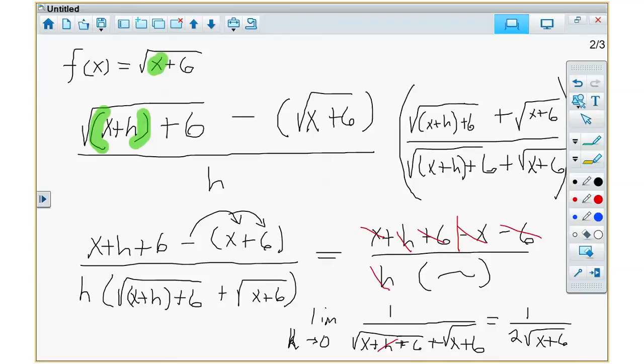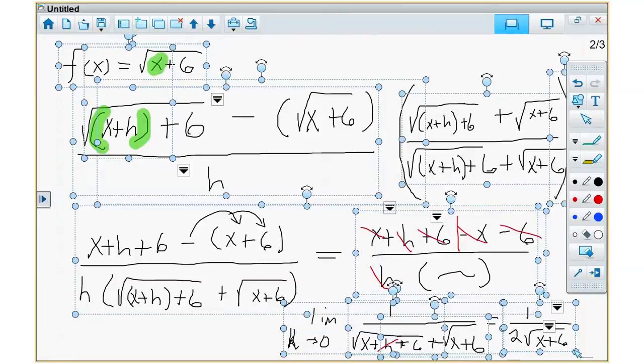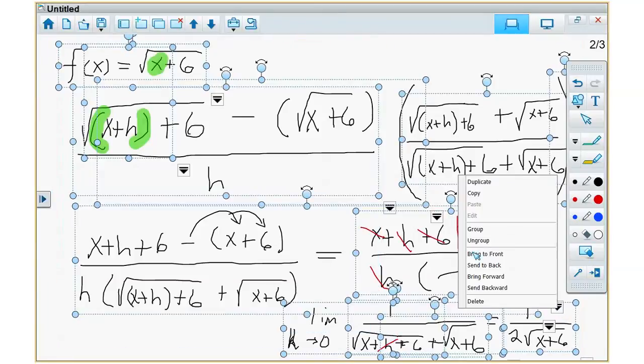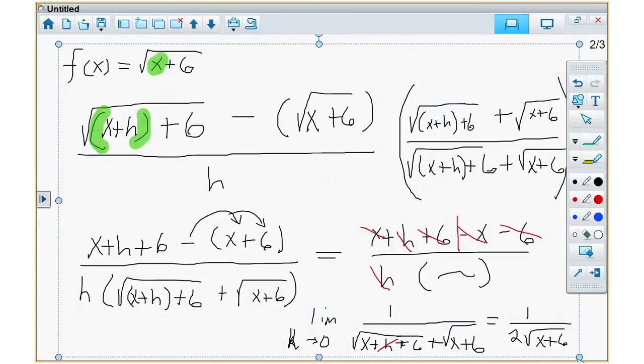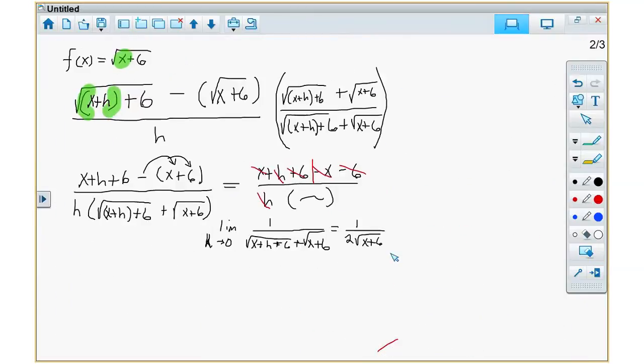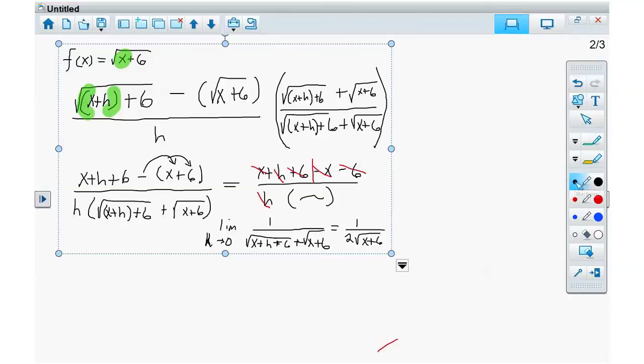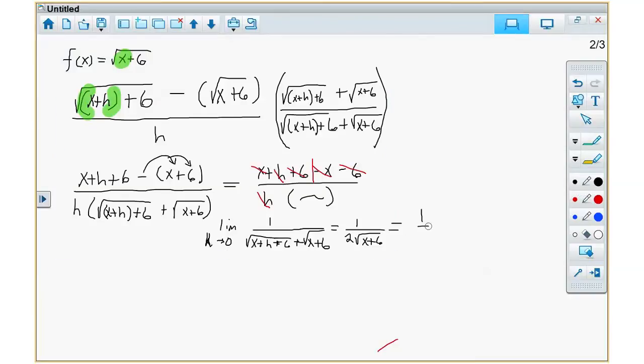Now I'm going to rewrite that, because I'm going to do the derivative here in just a second, for those of you that remember. That's equal to 1/2 times x plus 6 to the negative 1/2 power.